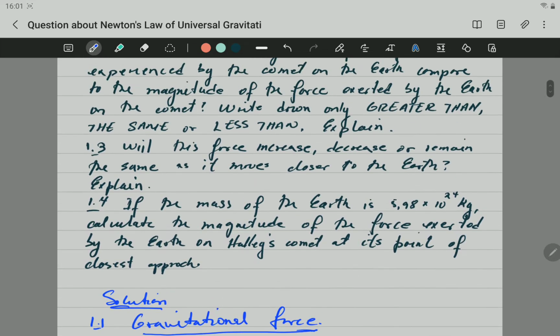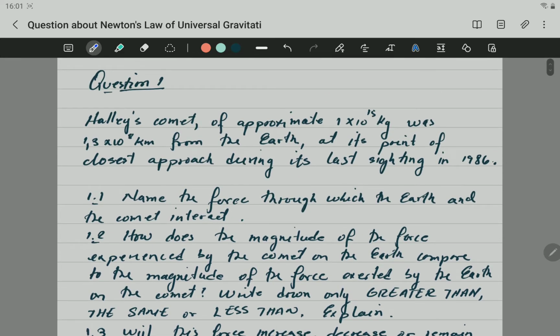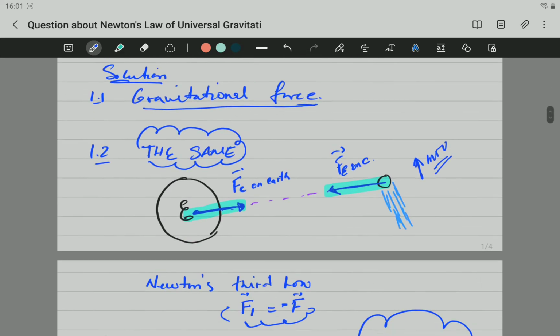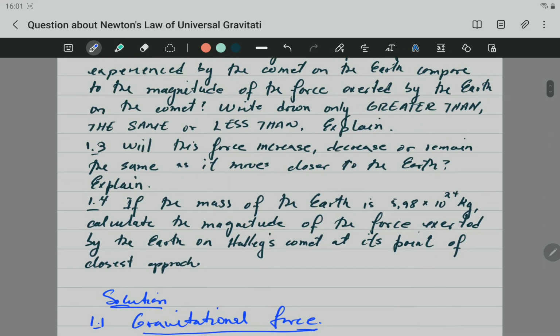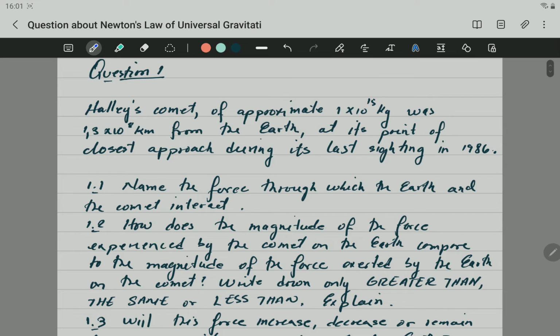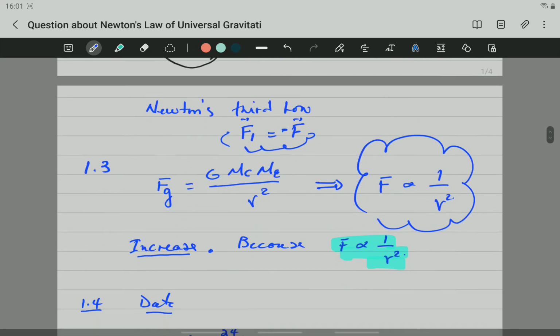We have in the question the mass of the comet, which is 1 times 10 to the 15. And we have the distance between the Earth and the comet, which is 1,3 times 10 to the 8 kilometers.